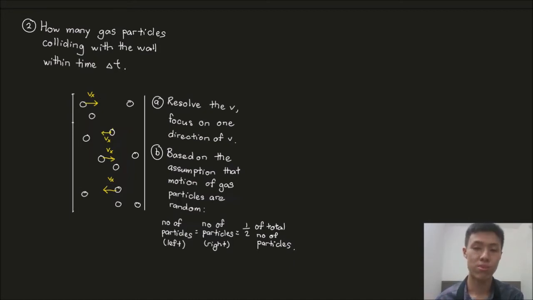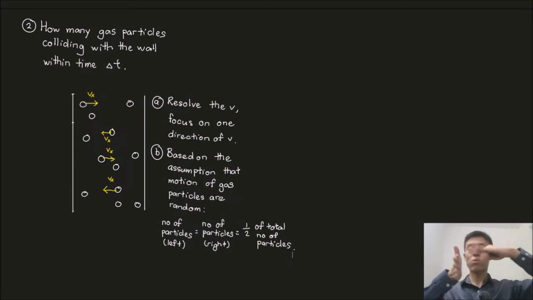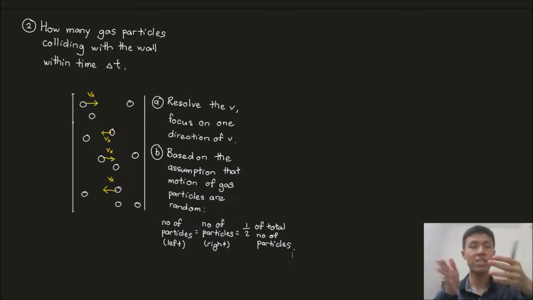Just a rough representation. So what's the purpose of saying this? Because we want to further simplify the situation. Just now we said the gas container has 6 faces. So you have your up down face, your front back face, your left right face. Just now, through the first step, we resolved the x direction and ignored the other two dimensions.